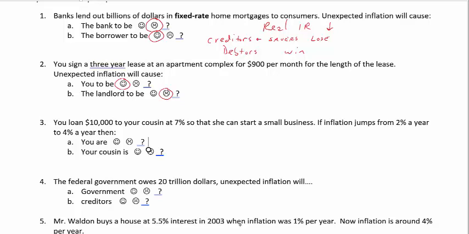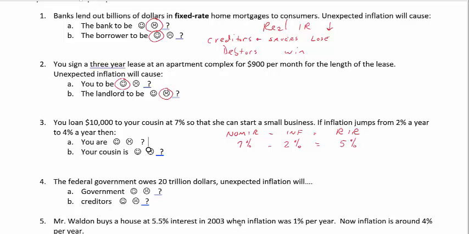All right, number 3, you loan $10,000 to your cousin at 7% so that she can start a small business. If inflation jumps from 2 to 4% per year, then, so let's look at this one. The nominal rate is 7%. They expect inflation to be 2%, which means the real interest rate is expected to be 5%.